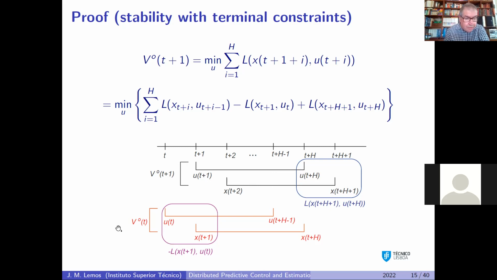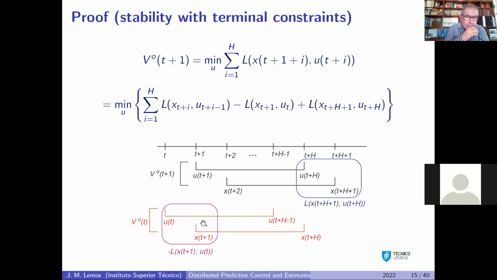Now, if you write V0 of t, you have to take one here and one here. So they go from t up to t plus H minus 1 in terms of u, and x goes one step more, x of t plus 1 to x of t plus H. Okay? Now, they both together form V0 of t. I want to relate V0 of t plus 1, that is to say this black part, with this red part.